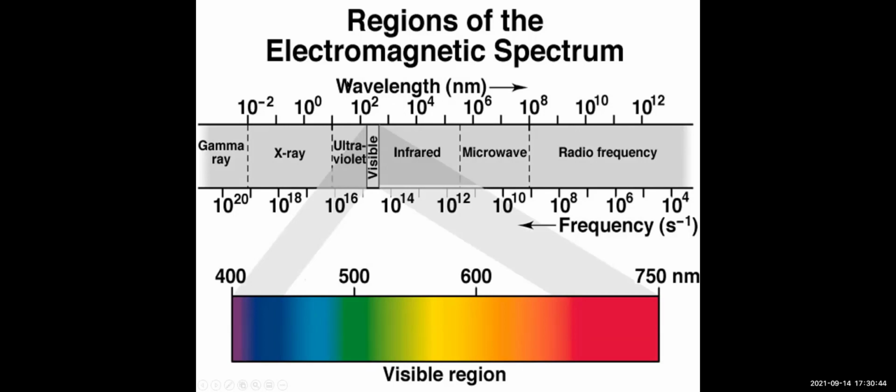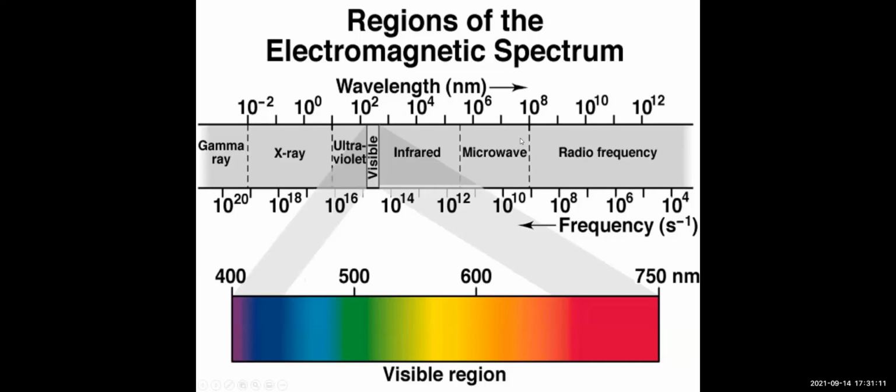If we're going from left to right, the wavelengths are getting larger, but the frequencies are getting smaller. If you go from right to left, wavelengths are getting shorter, but the frequencies are getting larger. You do not need to memorize the spectrum at this point in time.